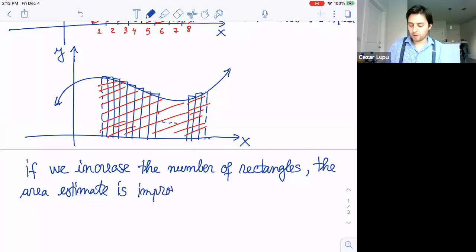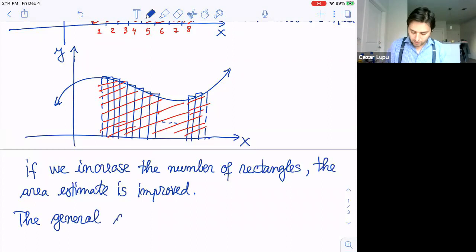So we can improve the area by taking more rectangles. You will see that we will do this as a general approach, where we'll take more and more rectangles and try to approximate this area. But anyway, we'll get there. You will see that this is what we will call a Riemann sum.